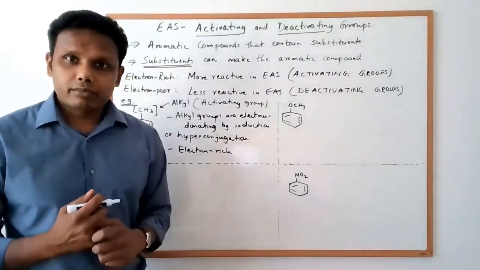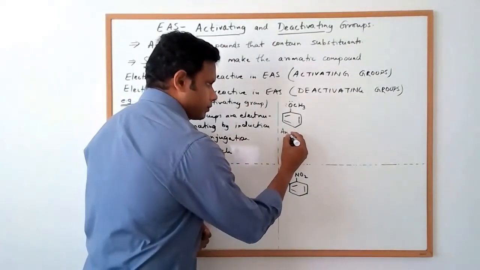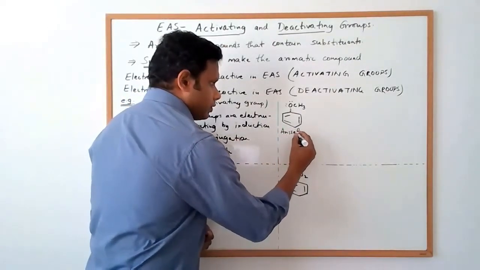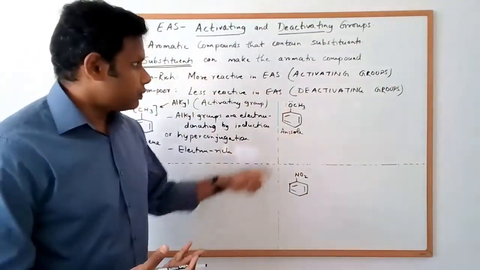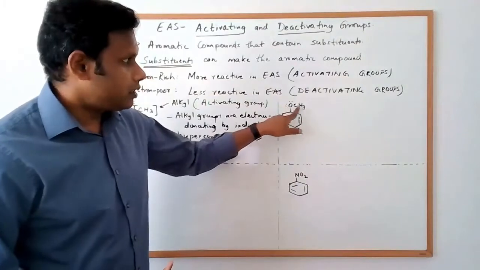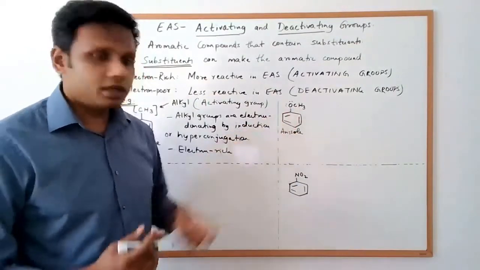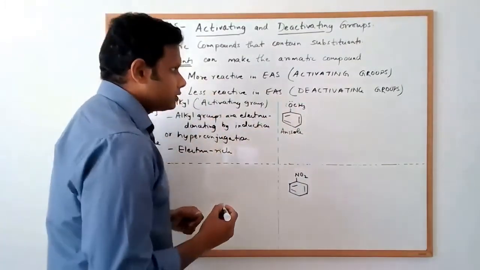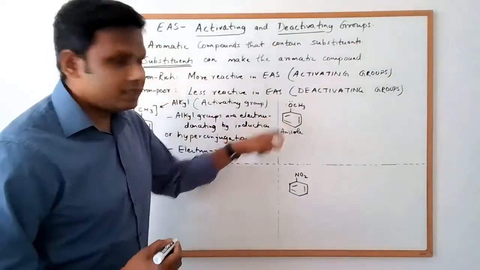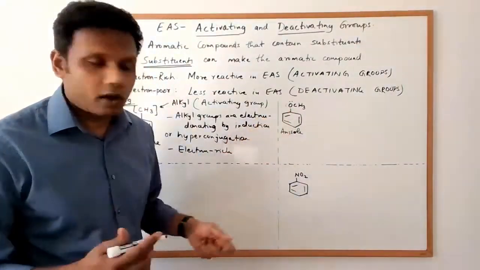The next example we have is anisole, which is methoxybenzene. So we have an ether, or a methoxy group, connected to the benzene ring. Now, as you can imagine, the oxygen is more electronegative than carbon.